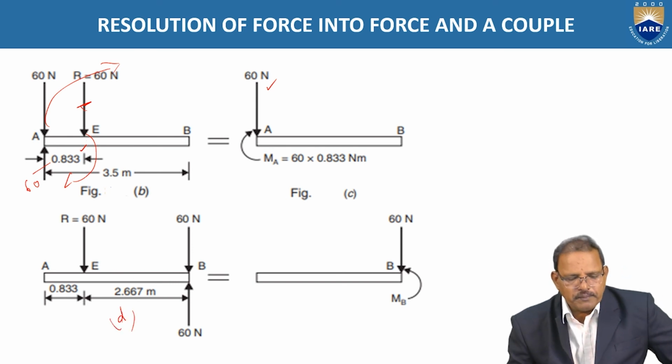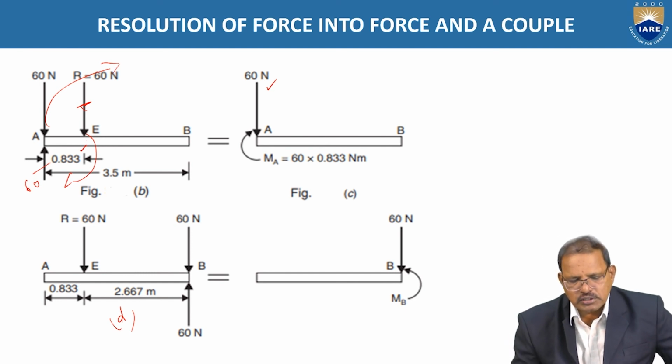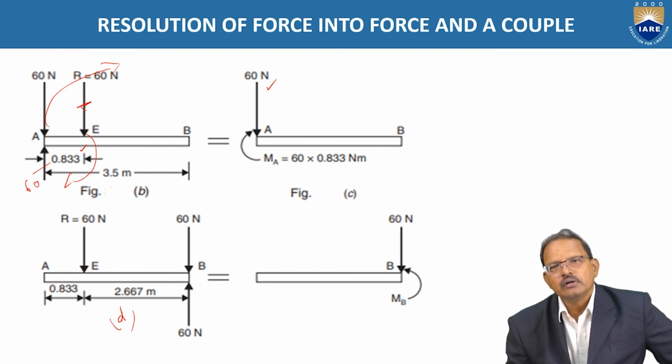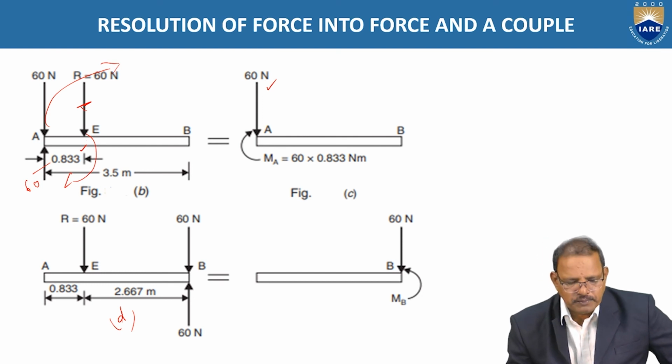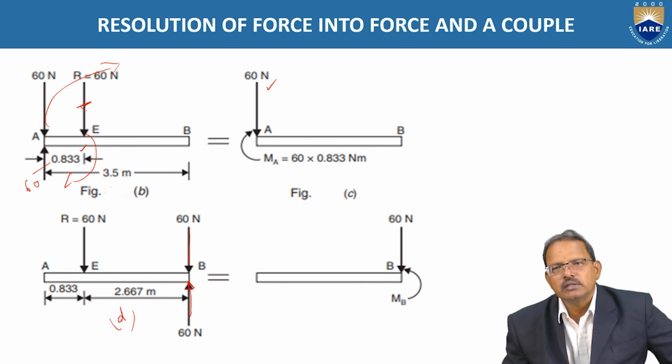Now, keep forces equal to the resultant force of 60 newtons, both in magnitude and direction, at B as shown in the figure. That is 60 newtons in the downward direction and 60 newtons in the upward direction. That means the resultant force acting at B is equal to 0.